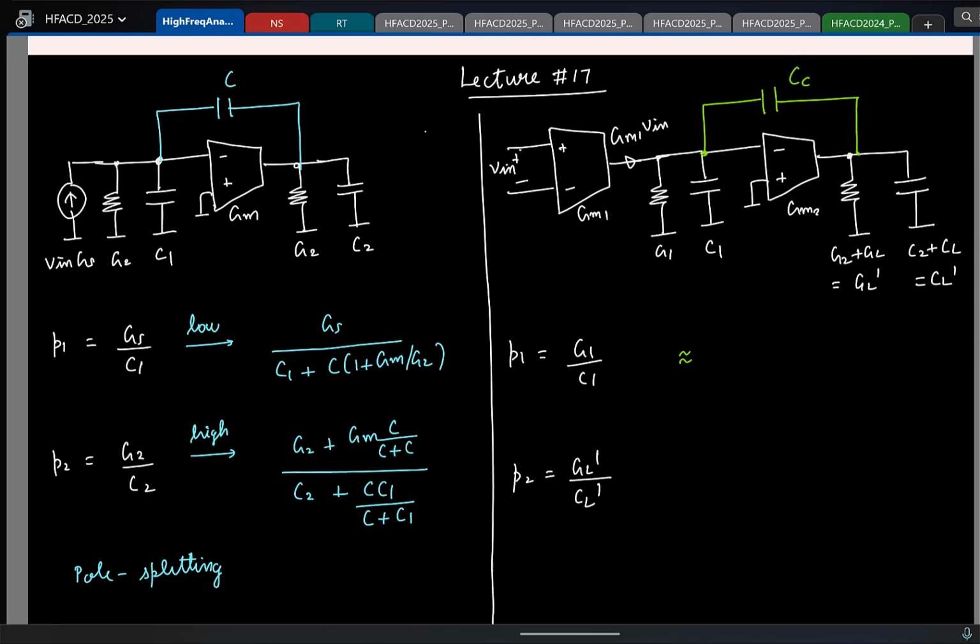Yeah, CC times the low frequency gain, which is GM2 by GL prime, right? So let's write the capacitance. C1 plus CC times 1 plus GM2 by GL prime. And what about the conductance at this input node? Only G1 is there.